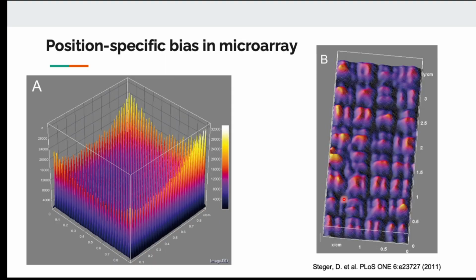So we need to do some correction for this. But luckily for you, most of these are already part of standard bioinformatics tools, so you don't have to study the pattern and then model it yourself. But we can talk a little bit about the principle behind how we can correct for such position-specific bias in the array data.